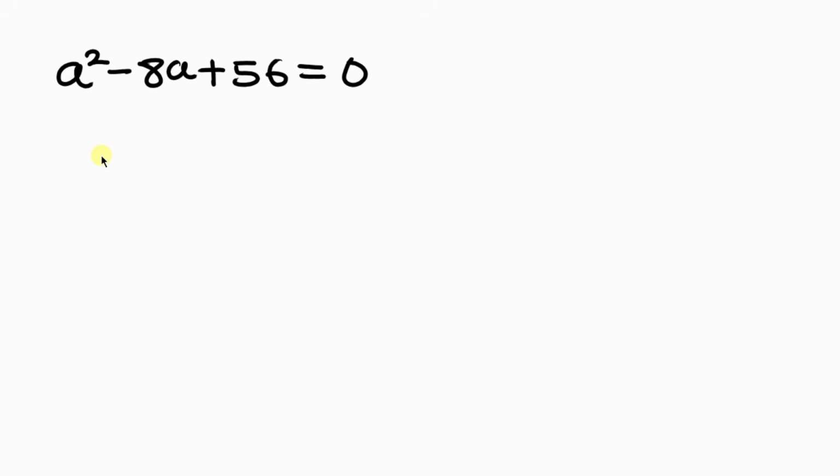Well, this quadratic equation cannot be factorized. So our best chance is to either use the formula method or use the completing the square method. I'll prefer the completing the square method because the coefficient of a is even. So our first step in using the completing the square method is to move 56, which is a constant term, to the right hand side. So we have a squared minus 8a.